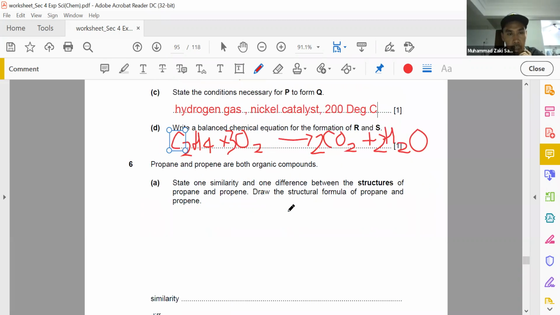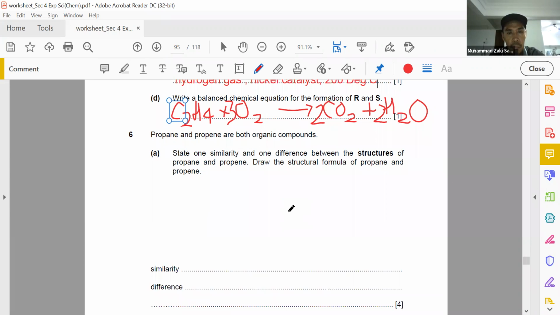Right, next. Propene and propane are both organic compounds. State one similarity and one difference between the structure of propene and propane. Draw the structure of propane and propene. Oh, okay, so I need to draw. Let's draw propane first. Let's label it, right? Propane, 3 carbon. This is propane.